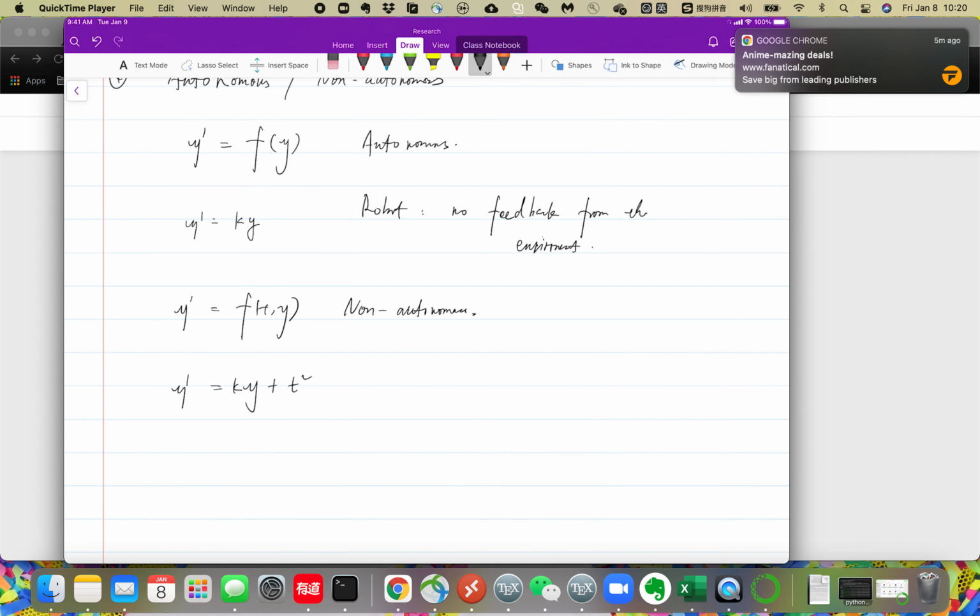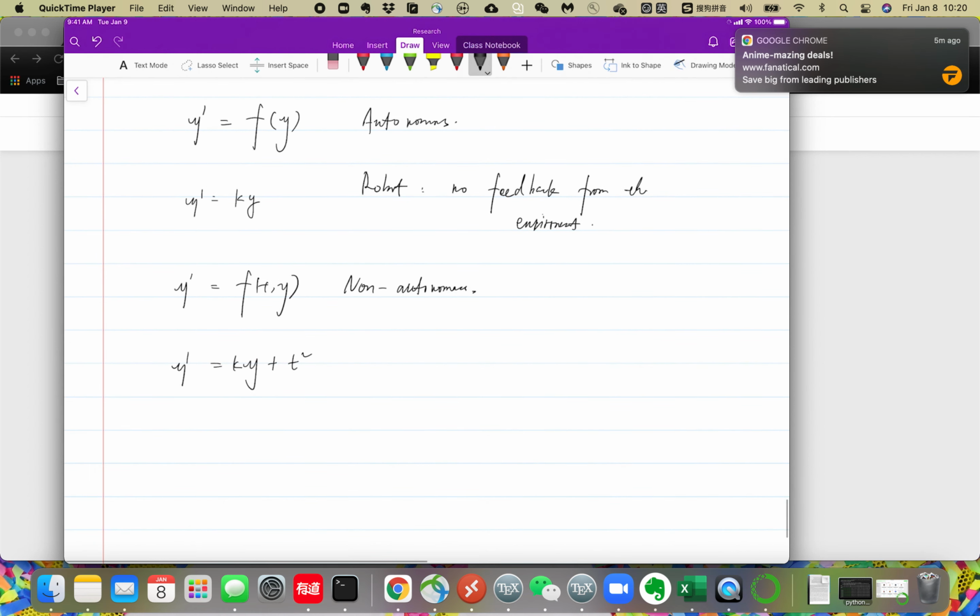But for non-autonomous, you do receive feedback from the environment. For example, at the beginning, when you're in a location, according to your decision rule, you should turn left. But meanwhile, there is a wind blowing from the west, which comes in at this time, which you didn't anticipate. So that's almost like some input from the environment you need to consider, not just yourself.